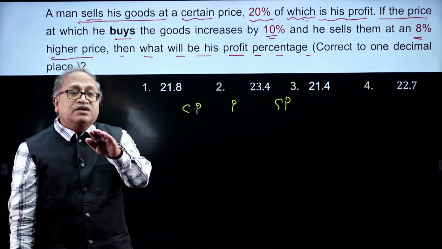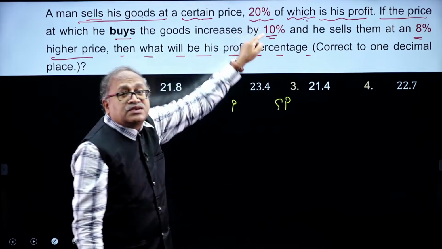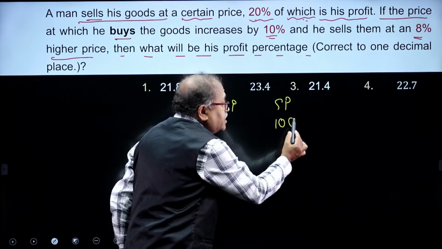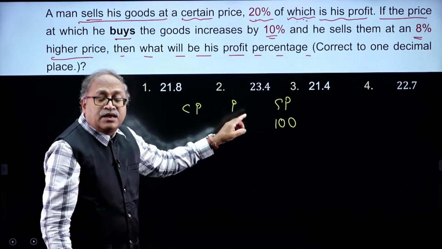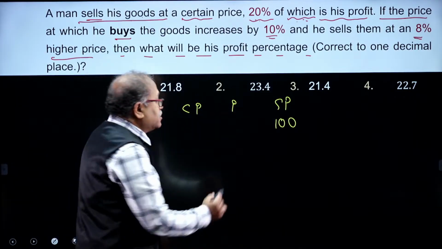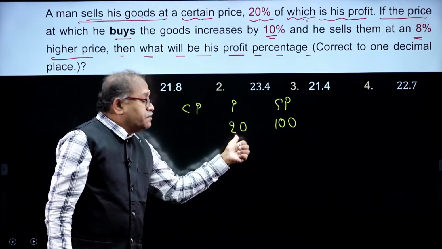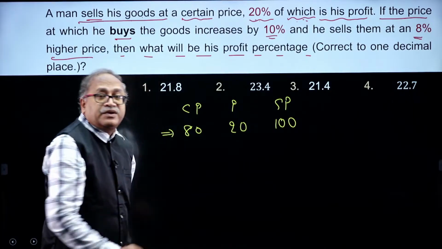Now, usually we take the cost price as 100, but here the profit percentage is given on selling price. Therefore, I will take the selling price as 100, then the profit is 20% of the selling price. 20% of 100 is nothing but 20, then cost price will be selling price minus profit, which is 80.